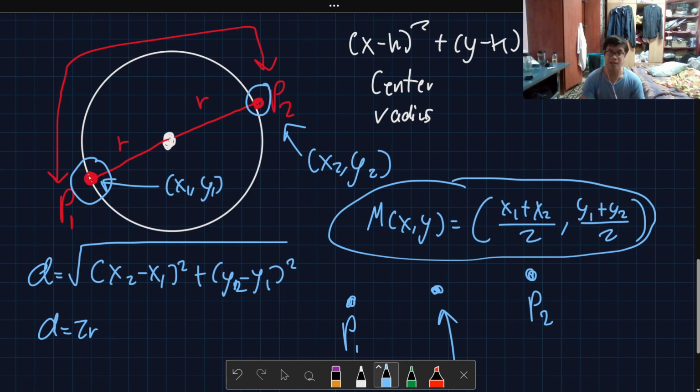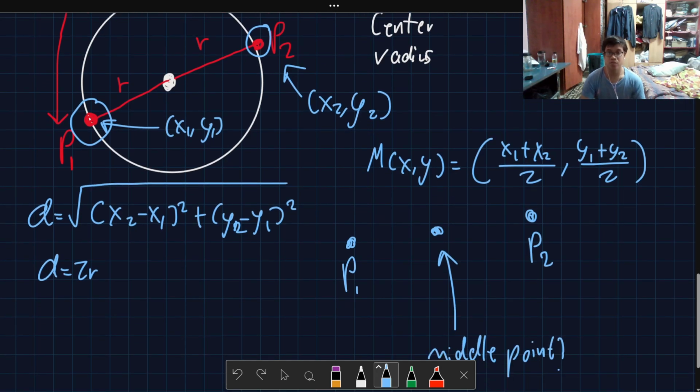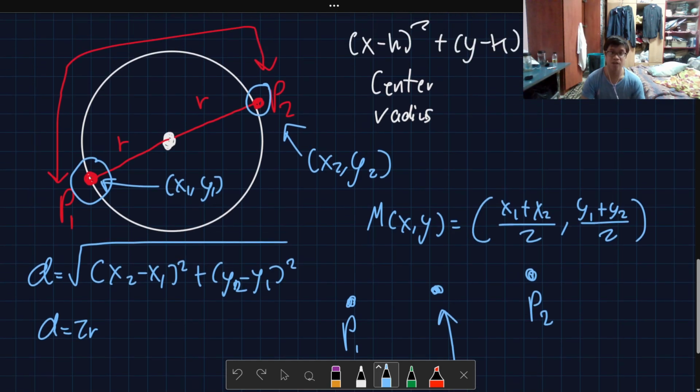And why is it related to the center? Because once you have the two endpoints of the diameter, and you want to know the distance between the two endpoints of the diameter, the midway is your center.